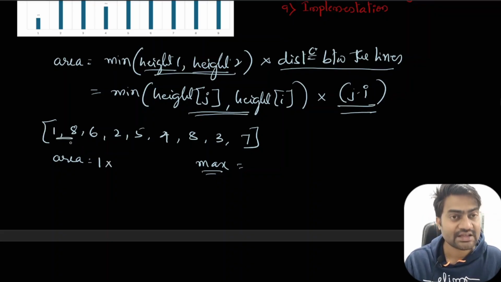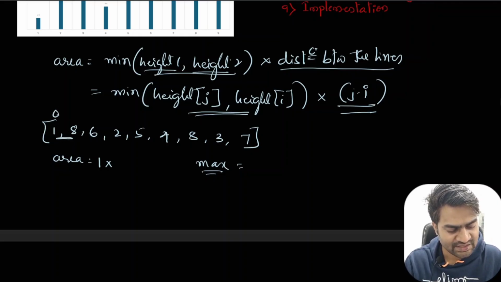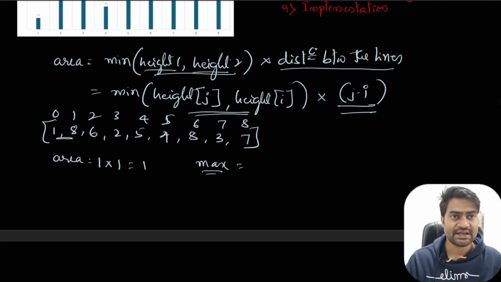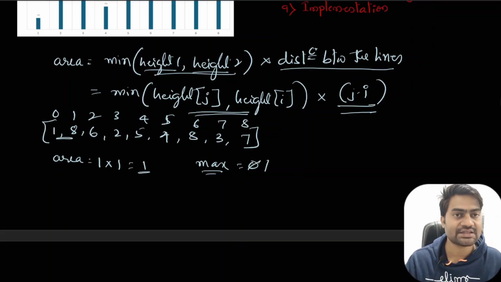Into what is the distance between these two values? Basically this is 0 index, 1, 2, 3, 4, 5, 6, 7 and 8. So if you find the distance between those two, 1 minus 0, so it is 1. So my area will be 1. Okay, initially max will be 0, now I get 1, so I will update this with 1.